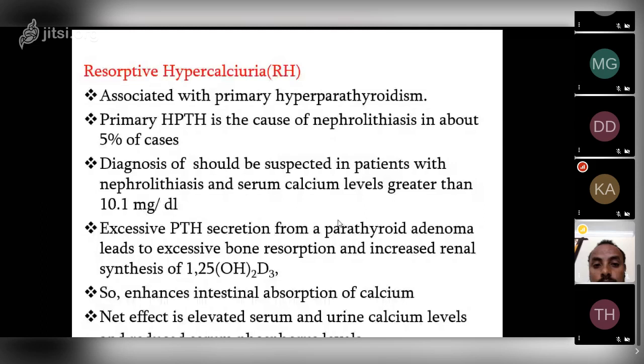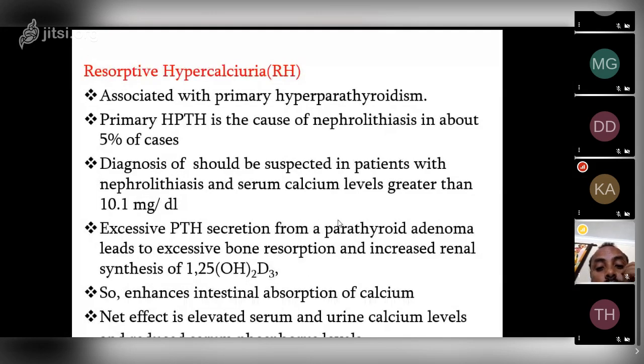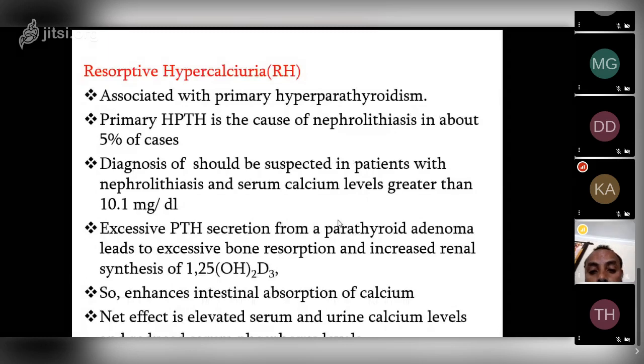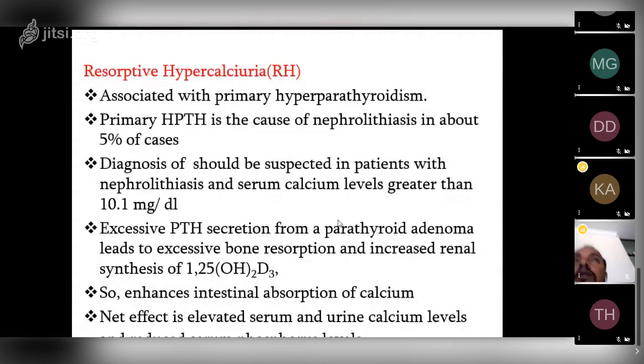The other is resorptive hypercalciuria. It is associated with primary hyperparathyroidism, which is a cause of nephrolithiasis in about 5% of cases. Primary hyperparathyroidism should be suspected in patients with nephrolithiasis and a serum calcium level greater than 10.1 milligram per deciliter.